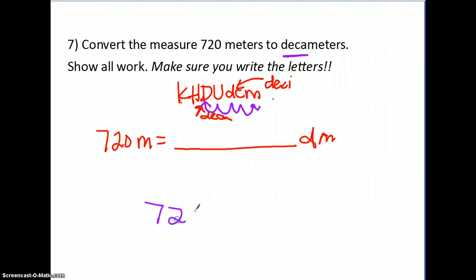So I take my original answer. Since it doesn't have a decimal point, I know that there's one right here, because 720 is the same as 720.0. It's just easier to write it without the decimal and the 0. So I start my pen here at the decimal, and I swoop the same amount of times in the same direction.